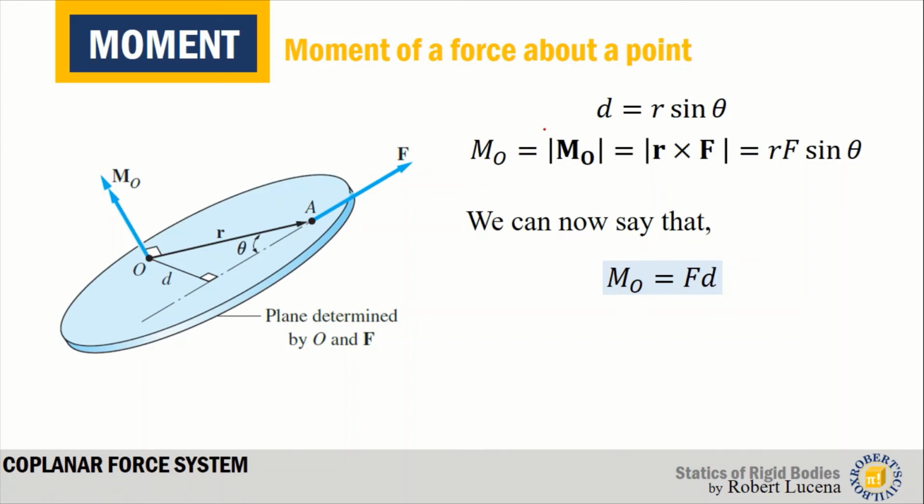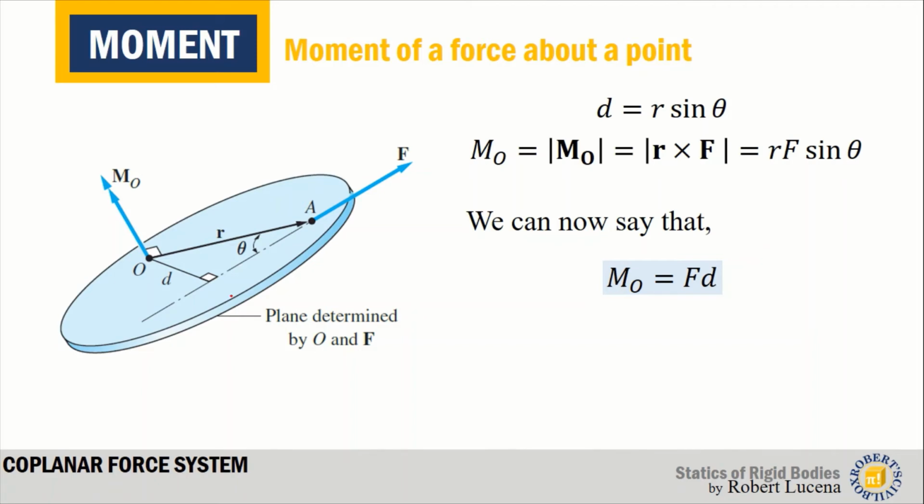The magnitude of vector MO is also the magnitude of the cross product of R and F. And recall that the magnitude of the cross product of R and F is RF sine theta. And as you can see, R sine theta is D. Therefore, the magnitude of MO, or the moment caused by F about O, is simply the magnitude of F times the perpendicular distance.